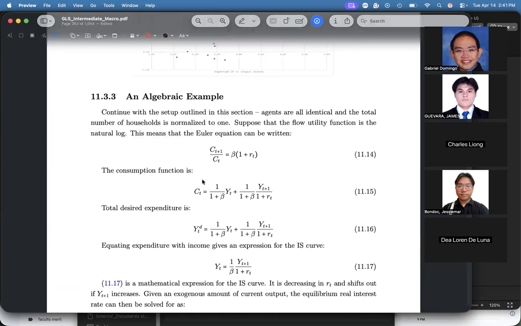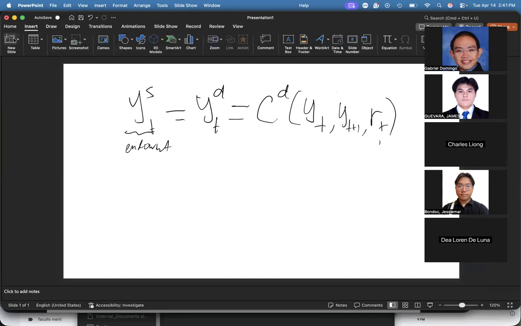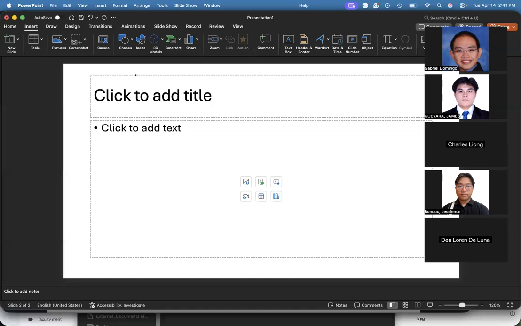Now you have your Euler equation here, which will give you your consumption function here. So let's write down this consumption function.